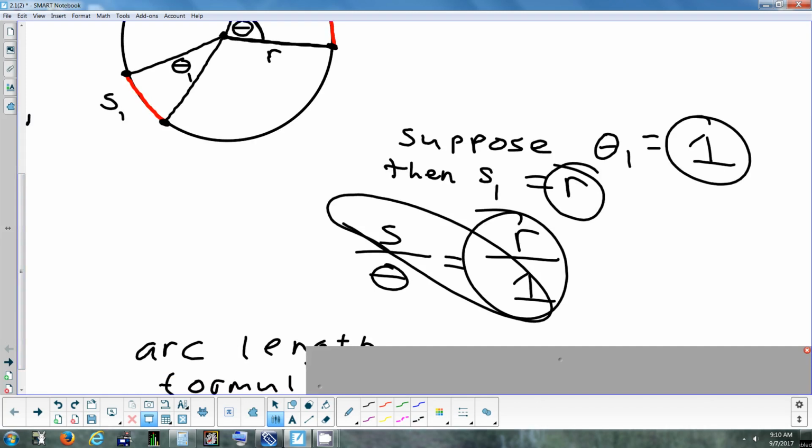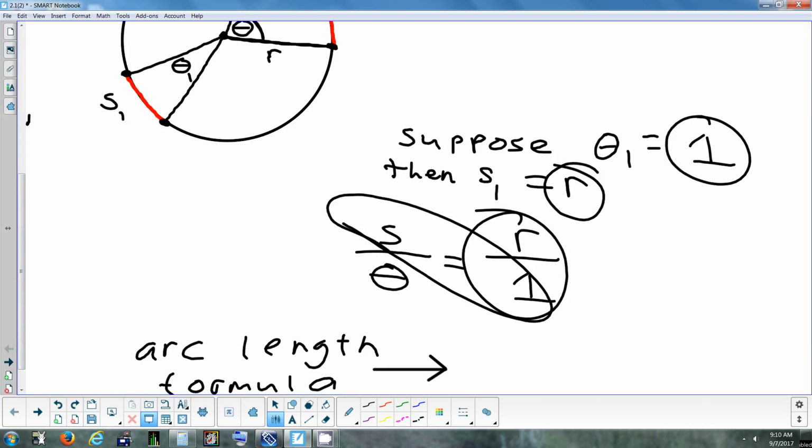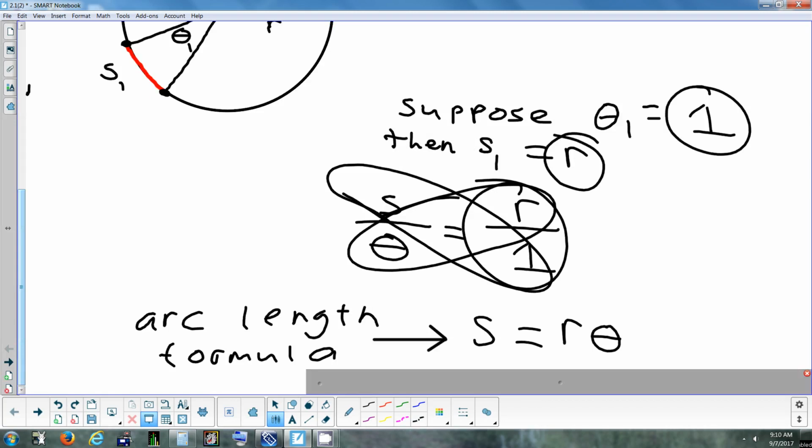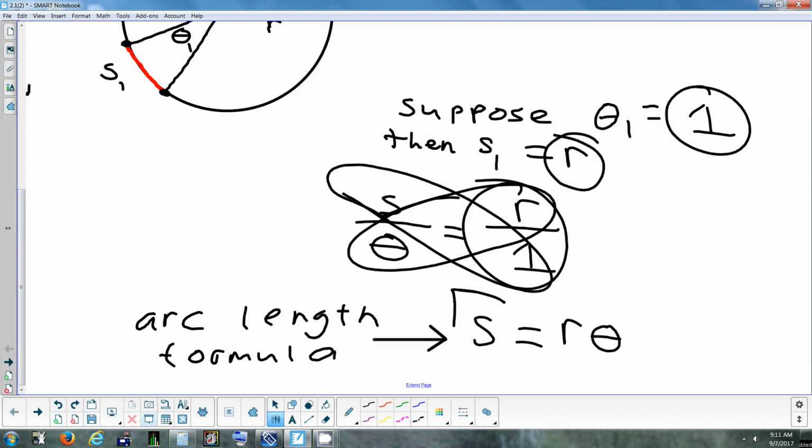About, yeah, s equals, and then we do the other diagonal, r times theta. We can't really do anything with that. Theta r, or the way our book writes it is r theta. Yep, same thing. That is the formula for calculating the length of an arc in a circle.